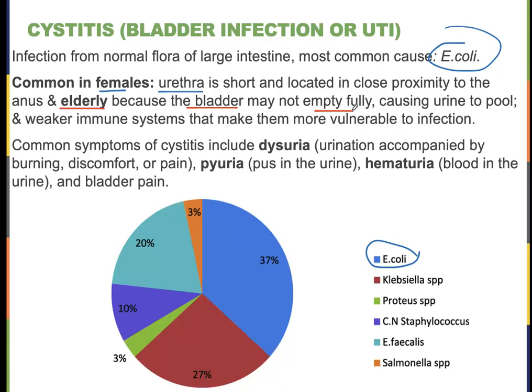There might be some urine pooling in there, which doesn't get rid of all the bacteria if there are in there. And the elderly have weaker immune systems, so they're vulnerable to infection and also complications. Symptoms are dysuria, which is urination accompanied by burning or discomfort. Pyuria would be pus, and hematuria would be blood in the urine.